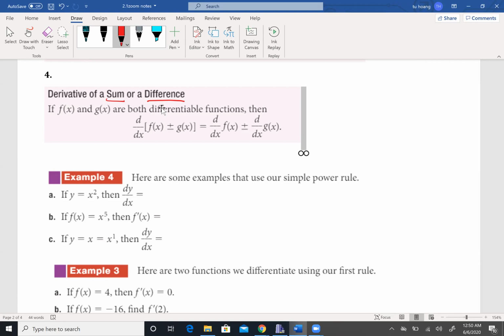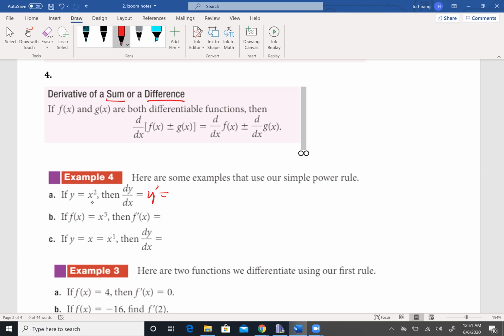First thing, in problem 4a here, I have y equal to x squared, and I want to find dy over dx, the derivative of y, right? Y prime in this case. So I can just apply the simple power rule for this function.